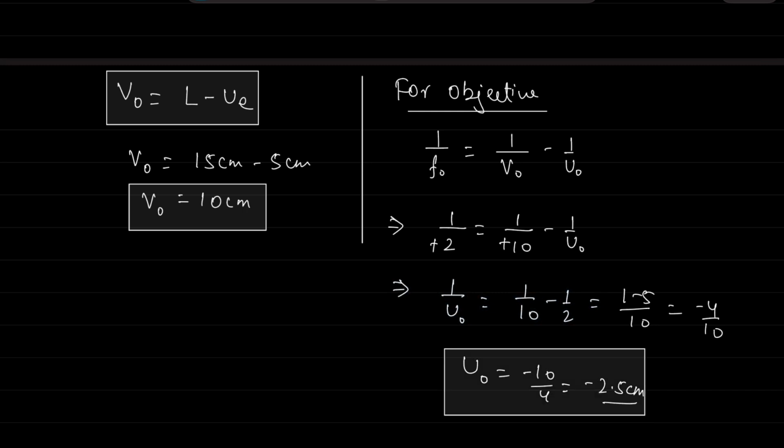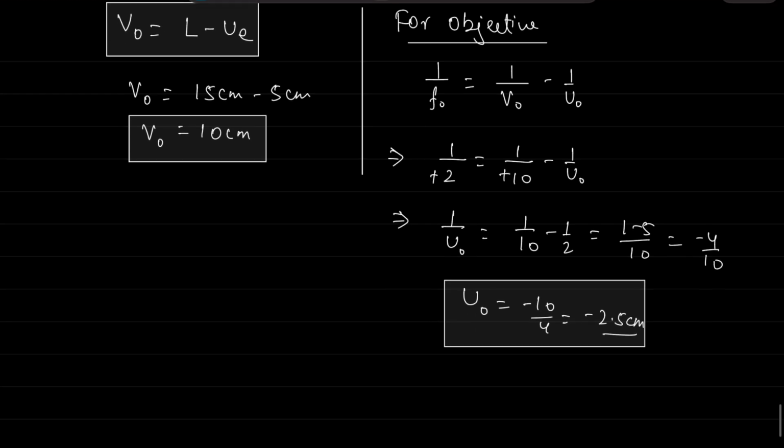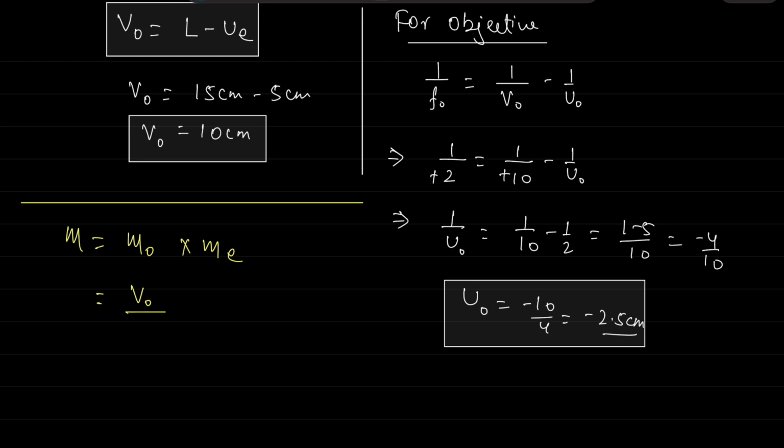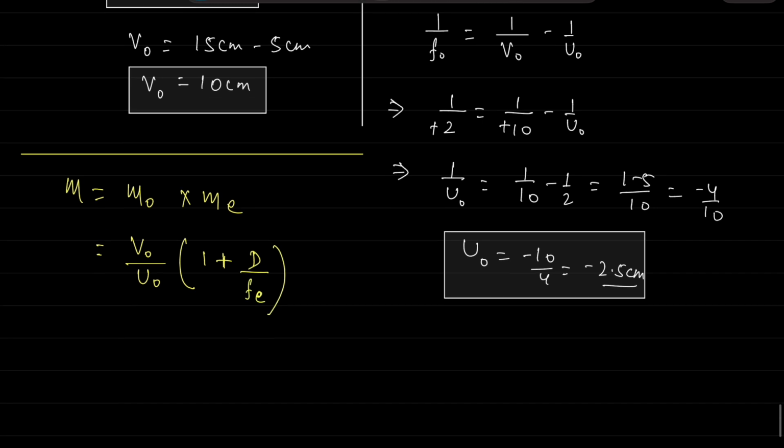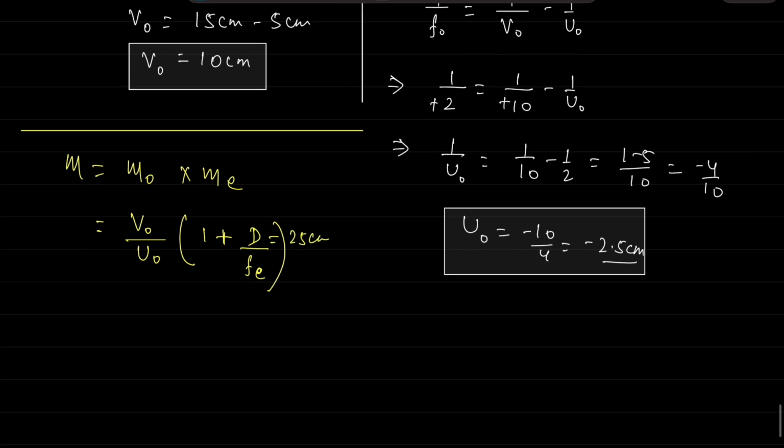And let's also find the magnification, meaning magnifying power. For magnifying power, we can use the formula M is equal to MO into ME. Its formula is VO by UO bracket 1 plus D by FE. D is our 25 centimeter. So let's substitute the values.